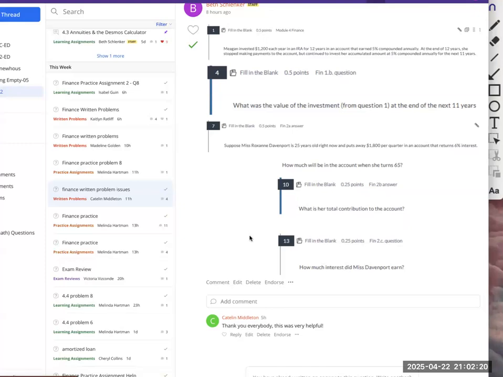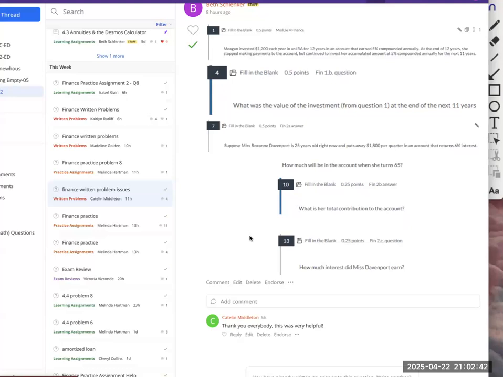What question are we talking about? I think it's number 2, after she stopped putting payments in. Oh yeah, number 4. What was the value of the investment at the end of the next 11 years?